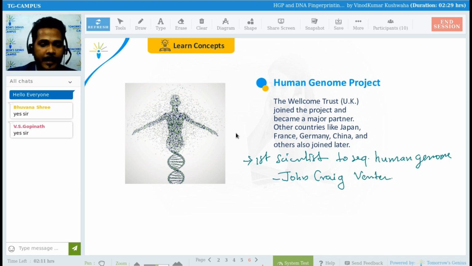Okay, this is the name of the first scientist who sequenced the human genome.